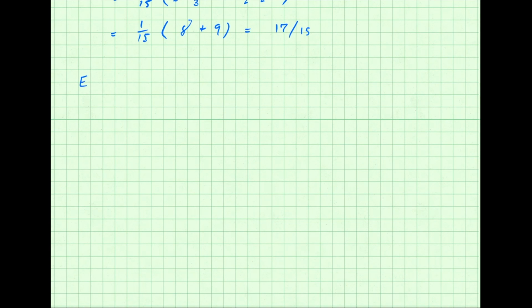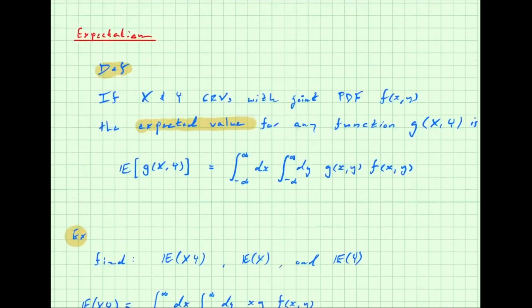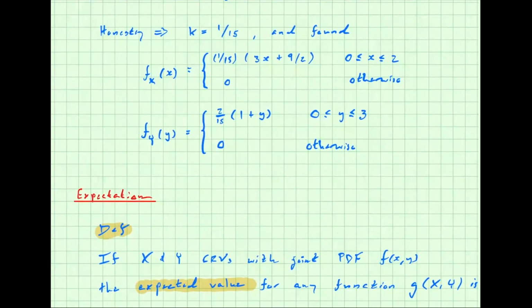And again, we're going to have to steal the marginal density function. So it's the integral from -infinity to infinity of y times the marginal density function for y. Right, and so let's go up there and steal it again from the previous example, meaning last lecture's example.